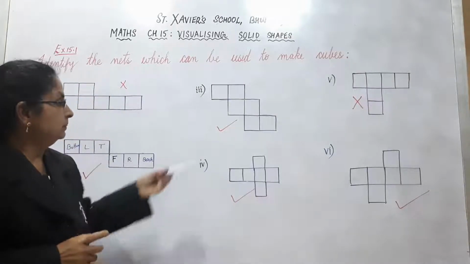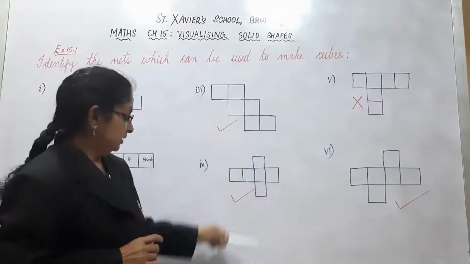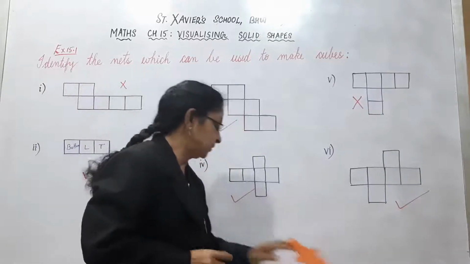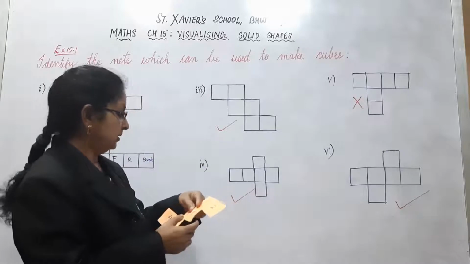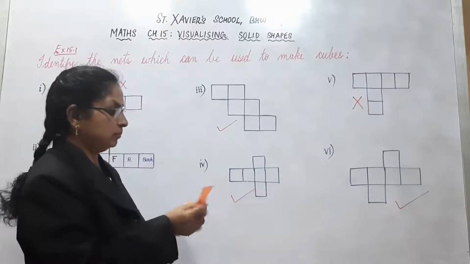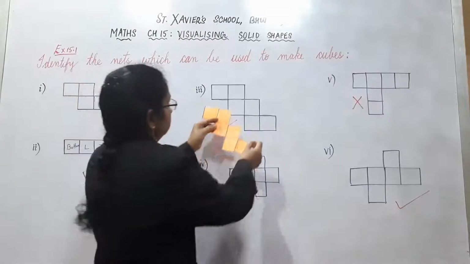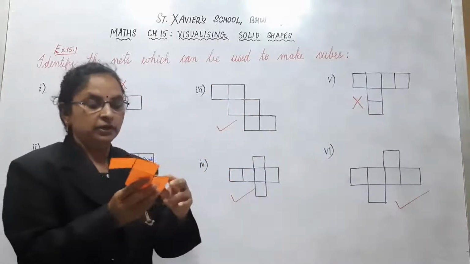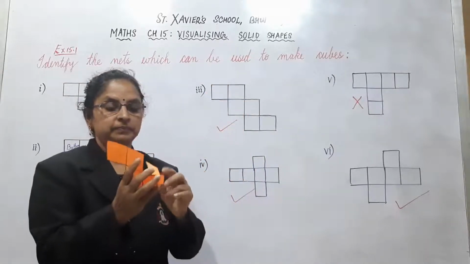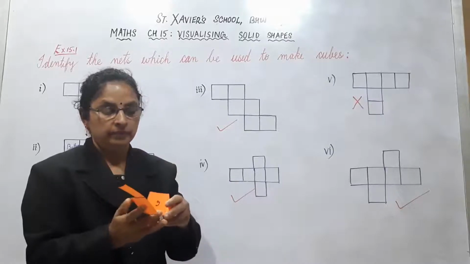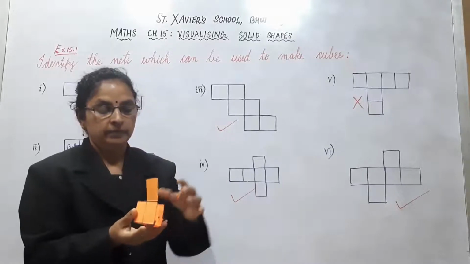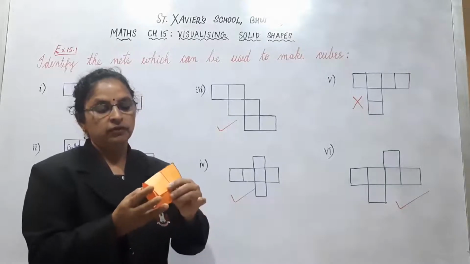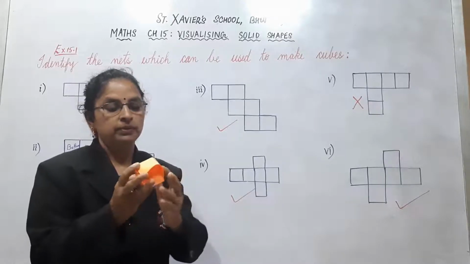Third one also, 4 cubes are drawn in that way. Let me see. I think this is a correct net for a cube. Now let me fold it. All these are folded and this is the top.